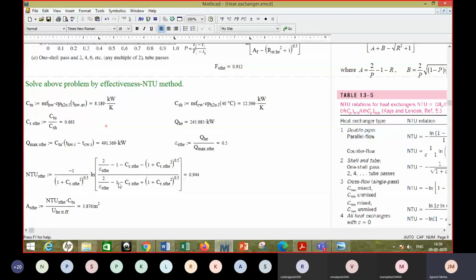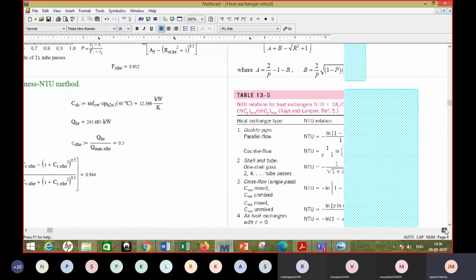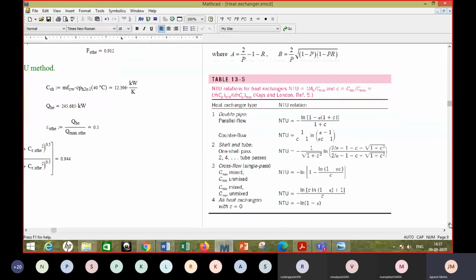Now you can use the correlation or the formula for NTU, which is expressed as a function of CR and effectiveness. Because you already know CR and effectiveness, right? So you can see the tables on the right hand side for different types of heat exchangers. Different formula are to be used.